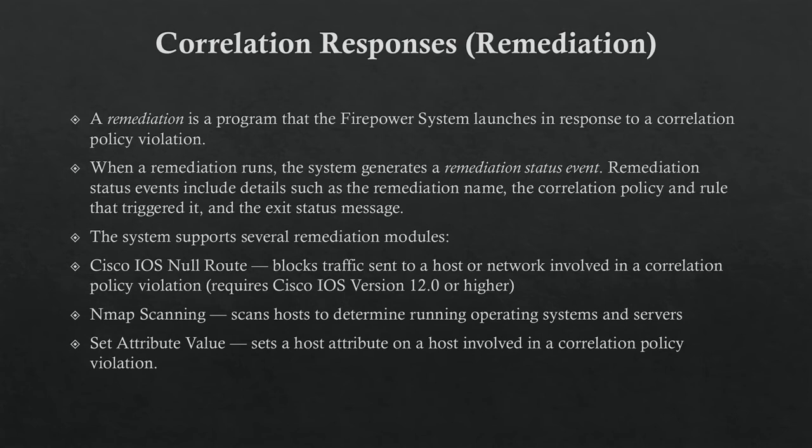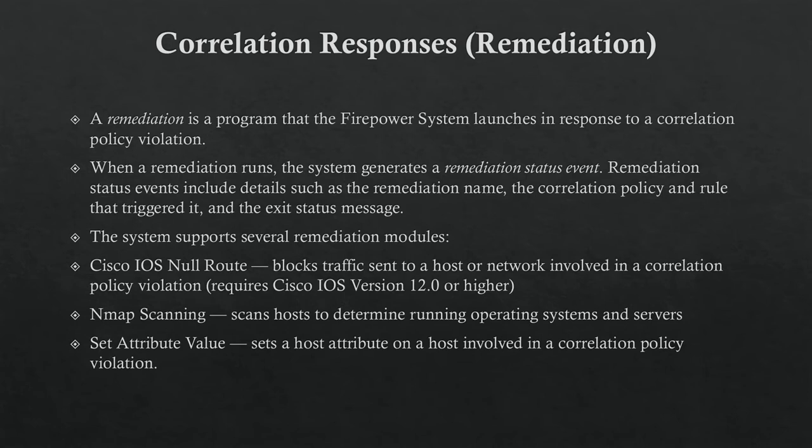The system supports several remediation modules. We explained this before. Cisco IOS null route: this blocks traffic sent to a host or network involved in a correlation policy violation. This is our topic focus, and it requires Cisco IOS version 12.0 or higher, as I told you. Nmap scanning scans hosts to determine the running operating system and servers. Great.